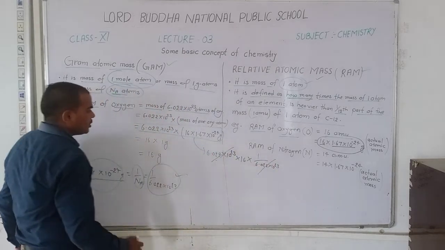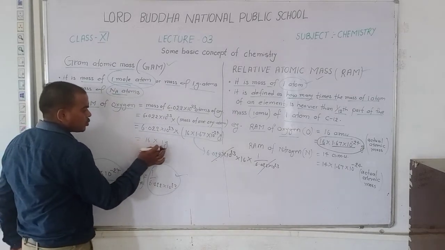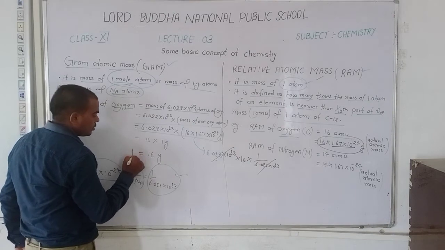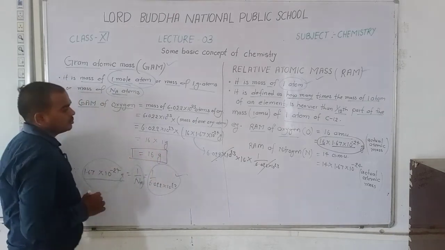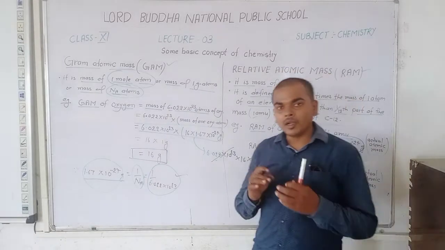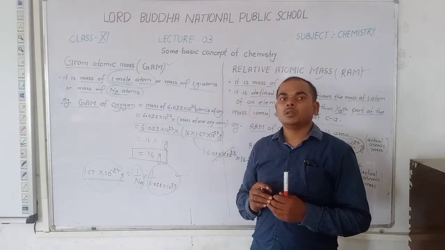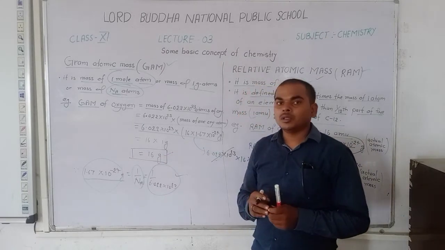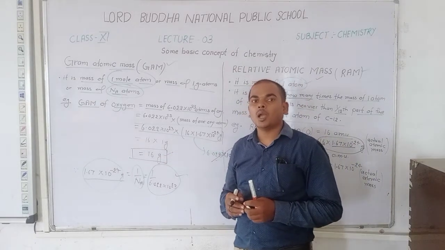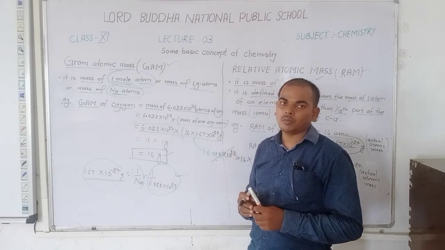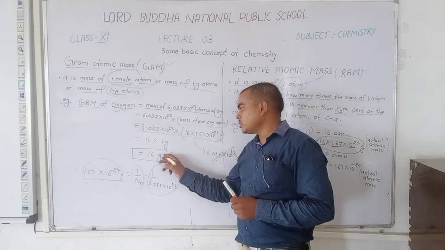Finally we get 16 into 1 gram, which is 16 gram. Finally we reach the point that the mass of 1 mole of oxygen atoms is 16 gram.